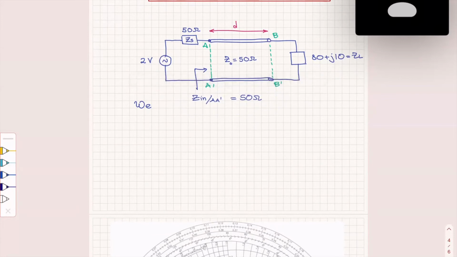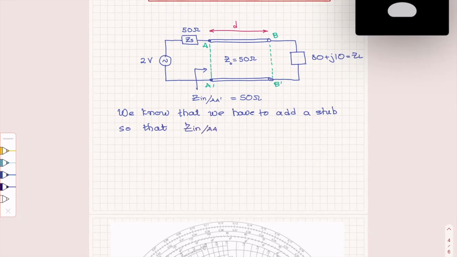So what we know here, let me write it explicitly: we have to add a stub so that Z input at AA prime is 50 ohms. Okay, so that is number one.